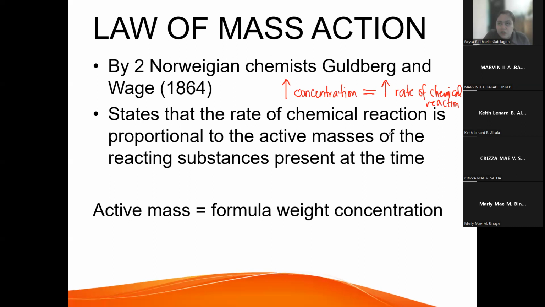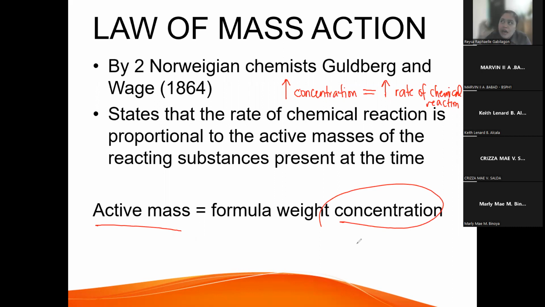So dito nag-start yung mga factors influencing the speed of the chemical reaction. So again, when you say active mass, it is referring to the concentration.